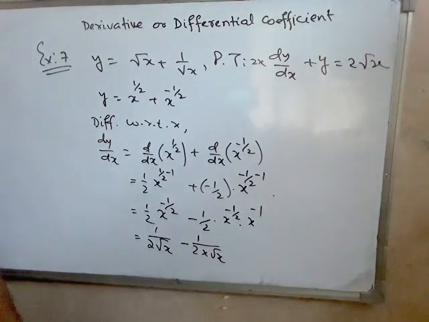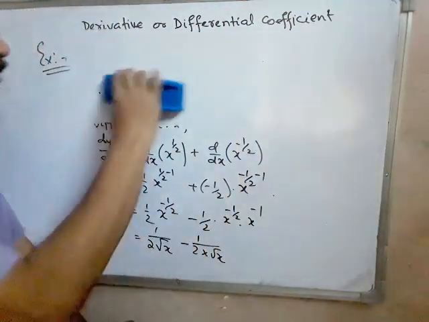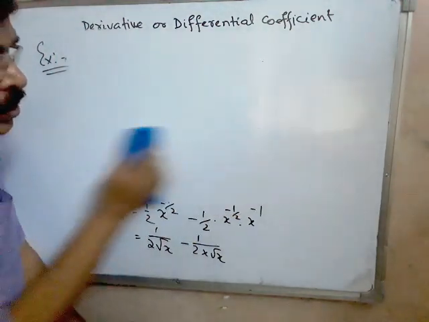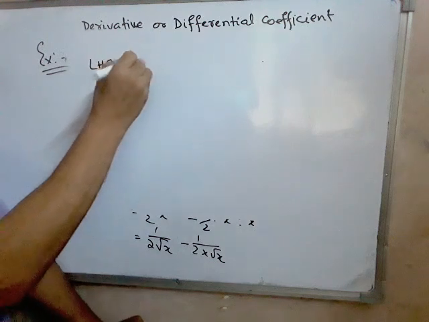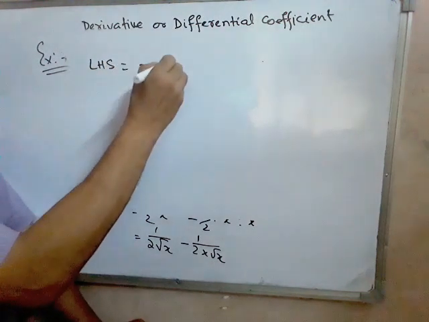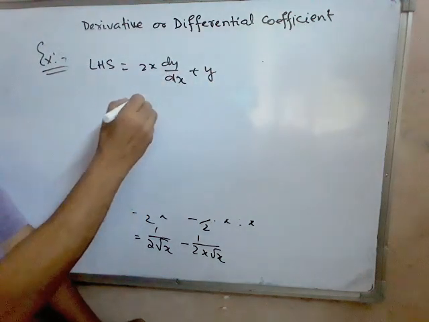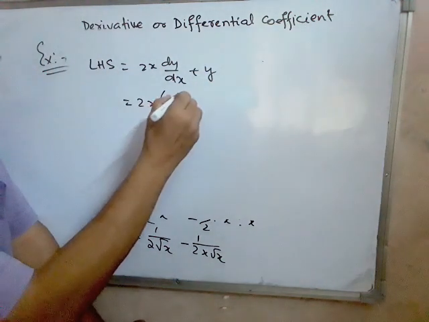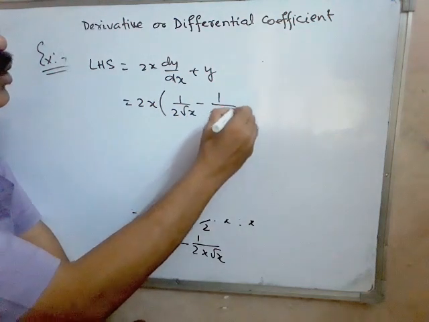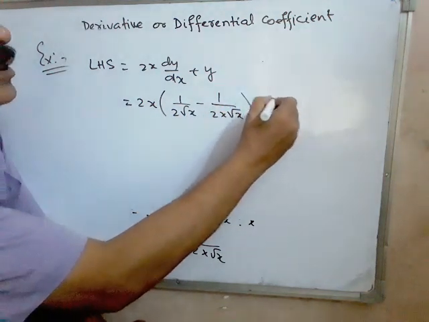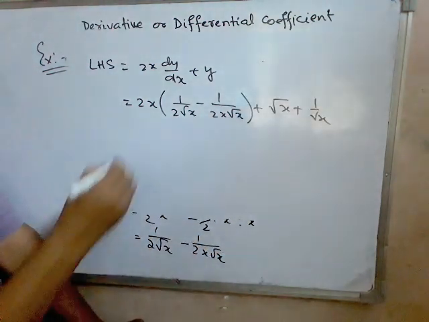So now copy the left hand side. You are copying the left hand side and replacing the values. Left hand side equal to 2x dy by dx plus y. That is 2x times (1 by 2 root x minus 1 by 2x root x) plus y, that is root x plus 1 by root x.